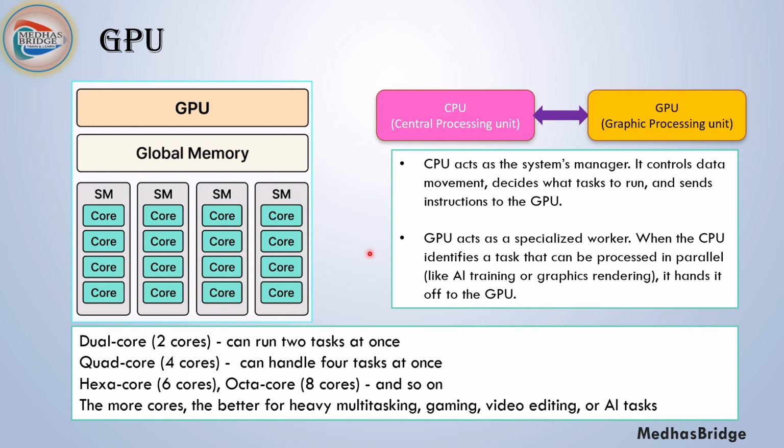Let's say dual core, quad core, hexa core, octa core. When you say dual core, the CPU has two cores, and each core can perform one task. So with two cores, two tasks can be performed simultaneously, achieving parallel processing by having more cores.